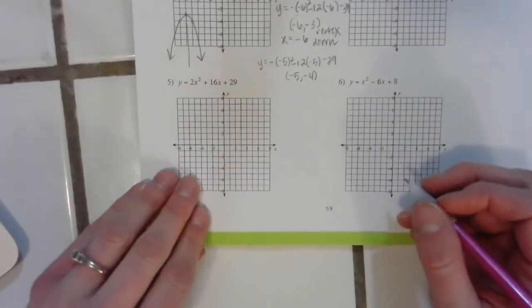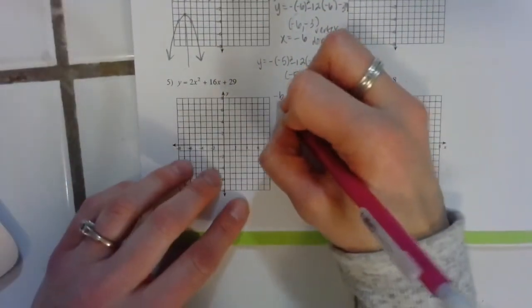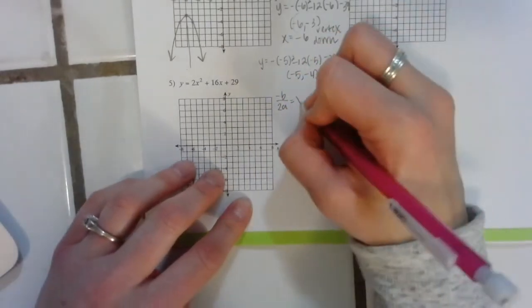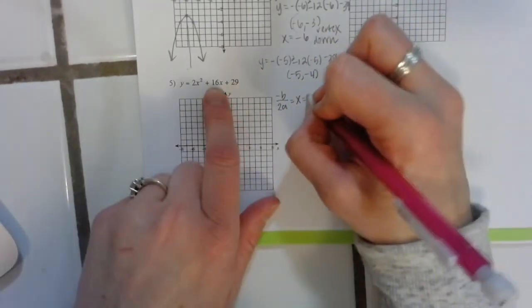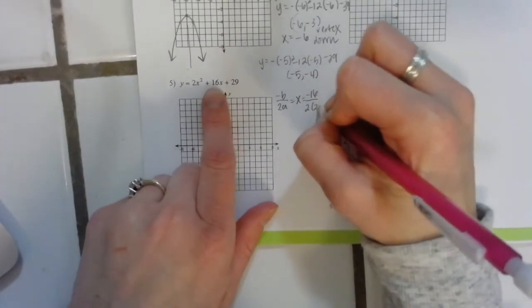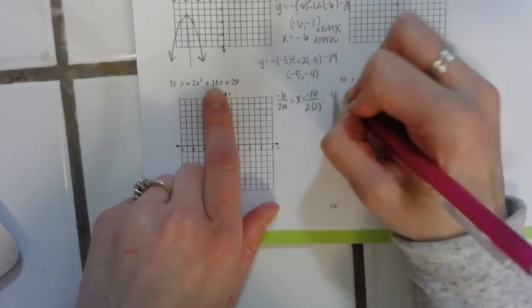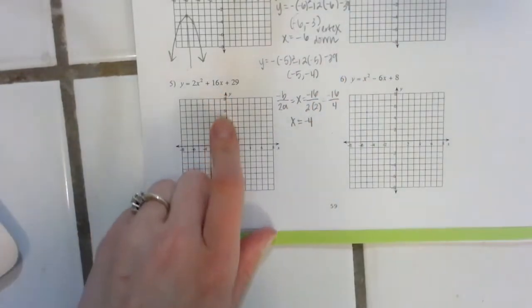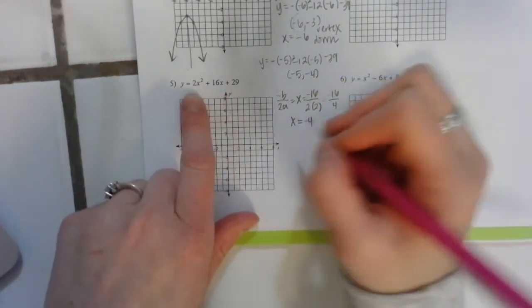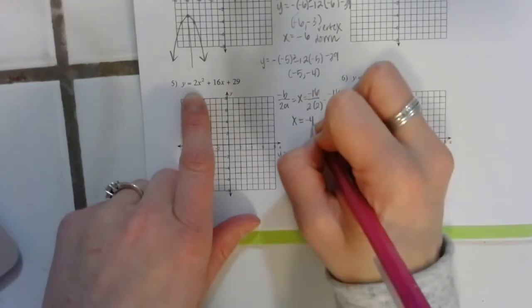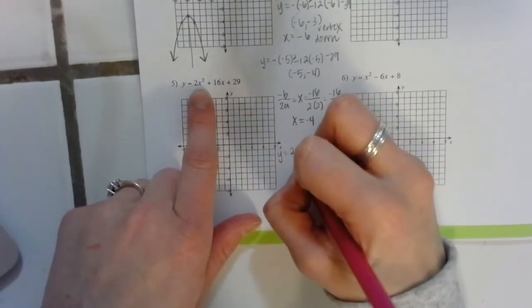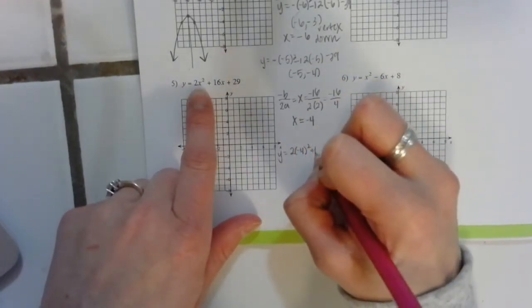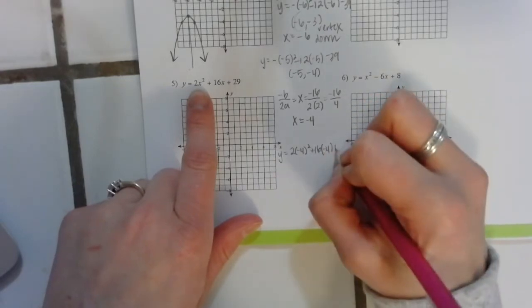Okay, so we start off this guy the exact same way, negative b over 2a to get our x value. So negative b is negative 16 over 2 times 2, which is 4. Negative 16 divided by 4 is negative 4. So that's our x value. And then for our y value, we're going to take our negative 4 and plug it in. So we have 2 times negative 4 squared plus 16 times negative 4 plus 29.